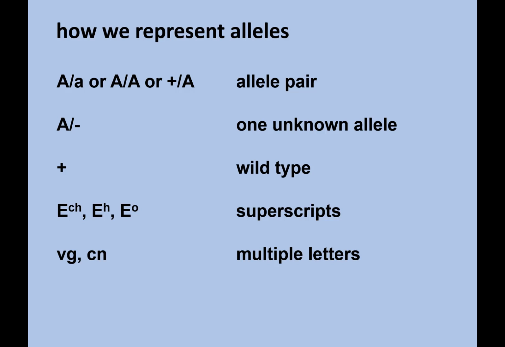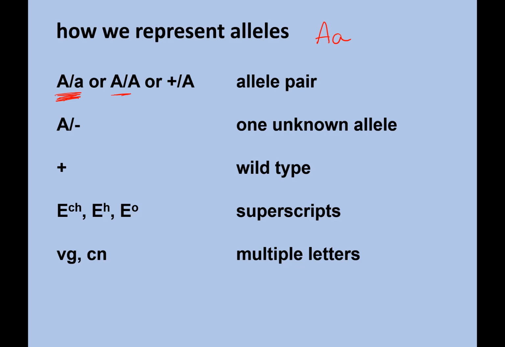Alright, three more slides. How we represent alleles: we've been talking about big A, little a. And that's pretty easy when we have these single-lettered allele representations, and they're very unique. More correctly, you would represent it as big A slash little a to show the allele pair, to show it's homozygous or heterozygous.